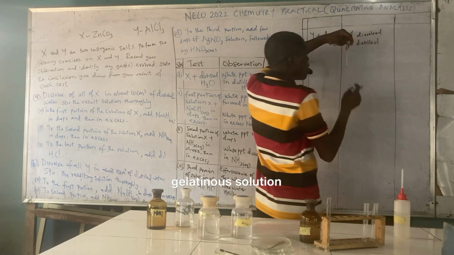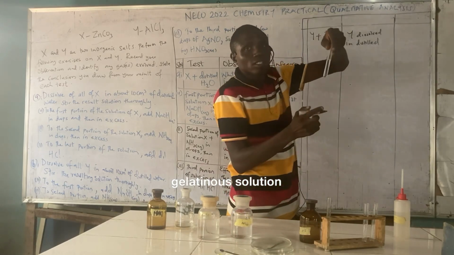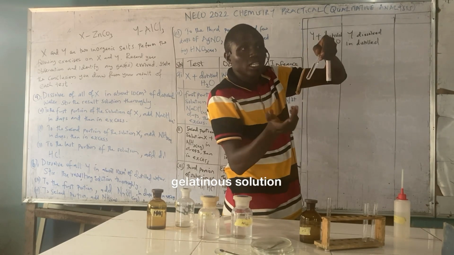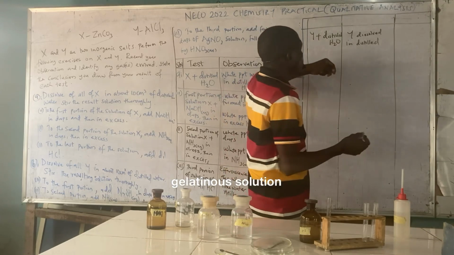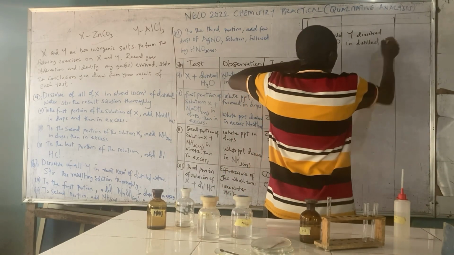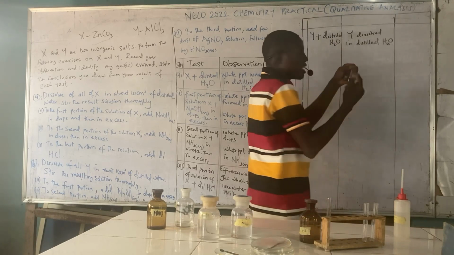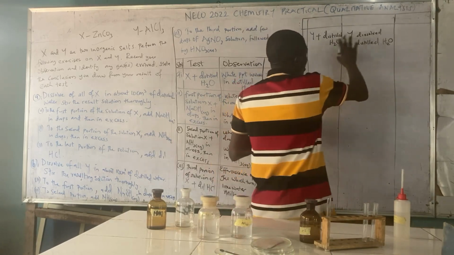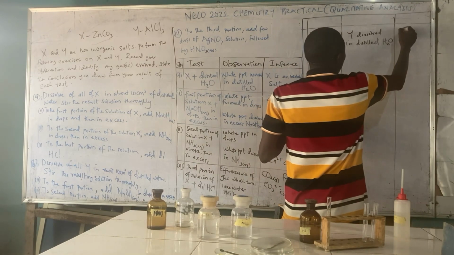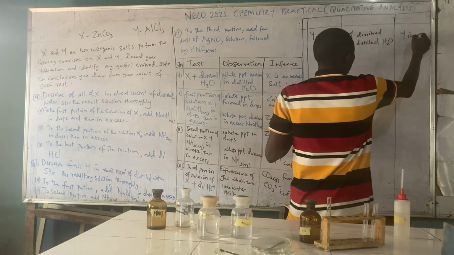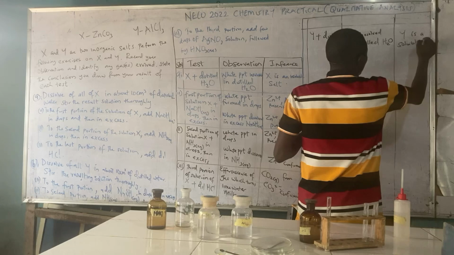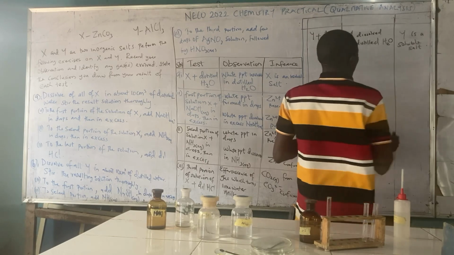But first of all, we experience a gelatinous, oily liquid that later dissolved in water. So Y dissolved in distilled water, which is the major thing. So Y is a soluble salt.